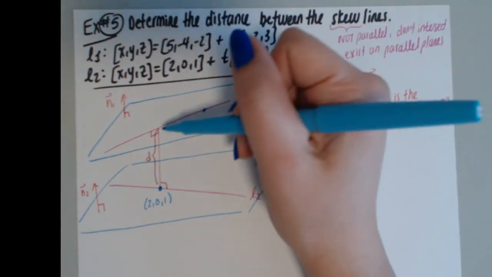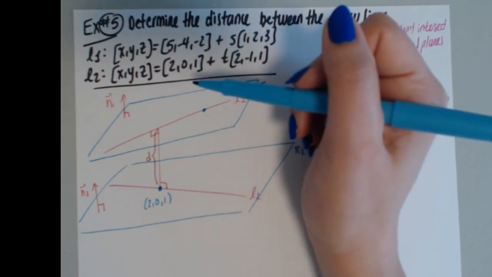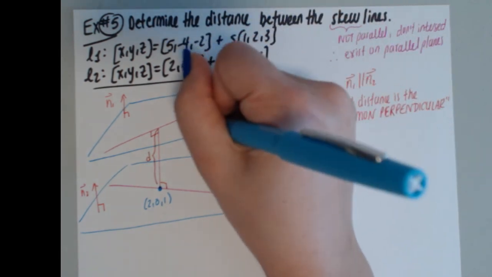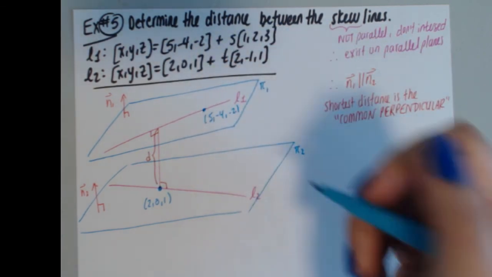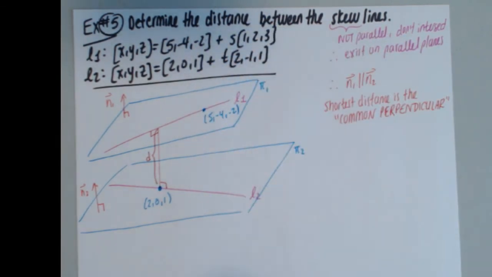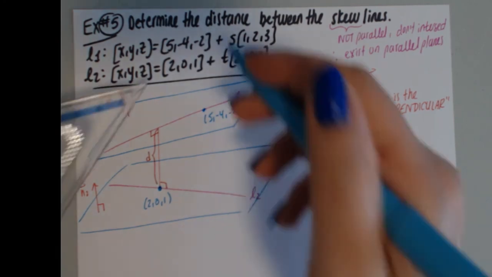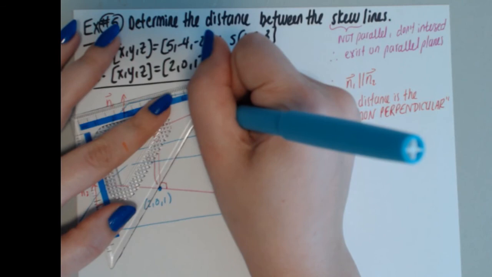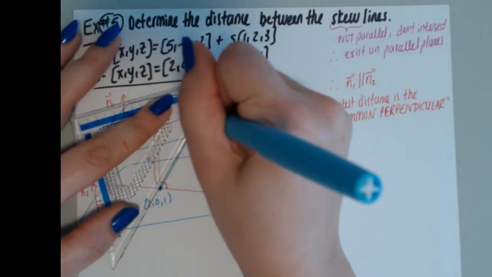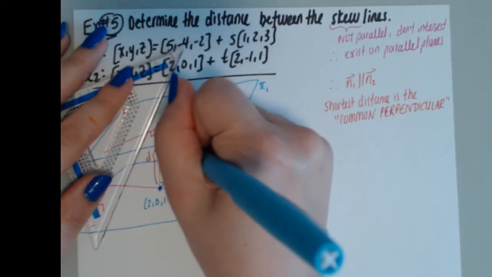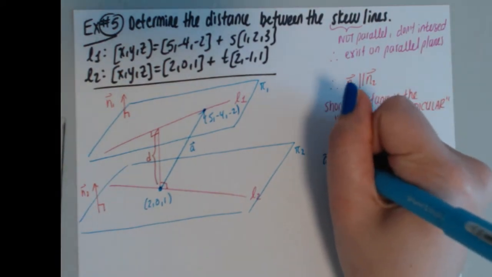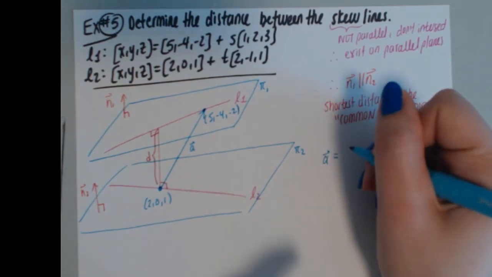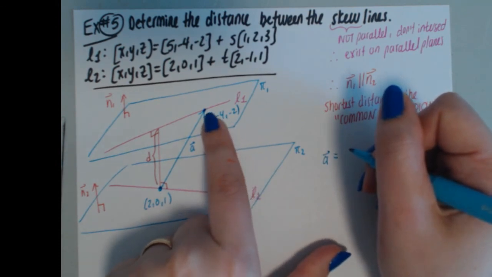It's not necessarily going to be on the exact other side of this common perpendicular. Okay, so that point is (5, -4, -2). I'm putting it a ways away because it's most likely not directly across from it. But what I do know is the vector going from one point to the other, I can determine. Let's see, I call that vector A. Now, vector A, I'm going to obtain by taking the vector that would normally go to this point.